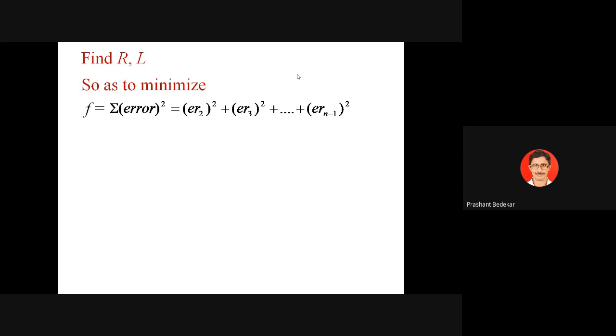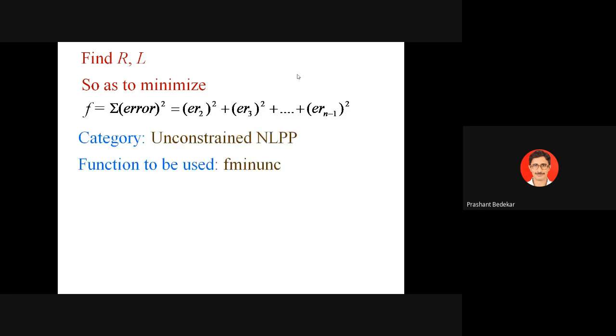My aim is to find R and L so as to minimize the sum of square of errors. And there is no constraint. So the category of problem is an unconstrained nonlinear programming problem, which can be solved using the function fminunc. Let's see the results.